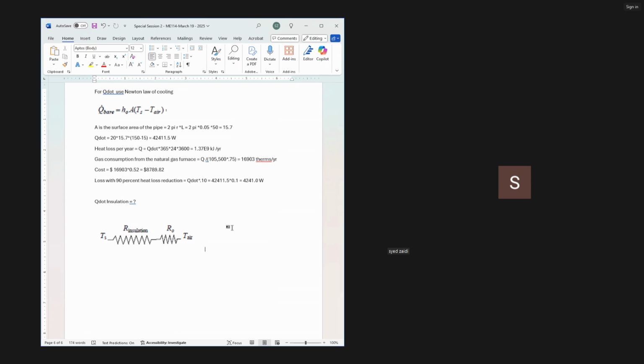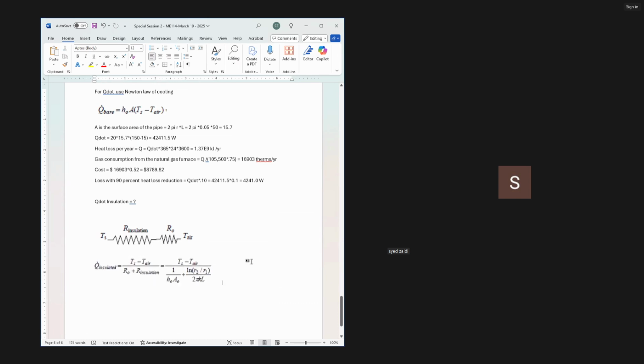If you go back to your chapter, this is also the formula given.